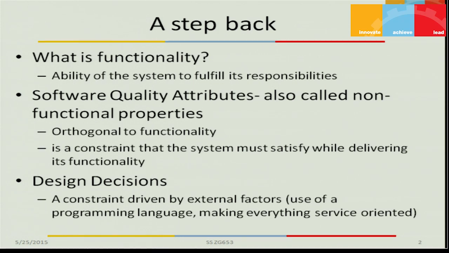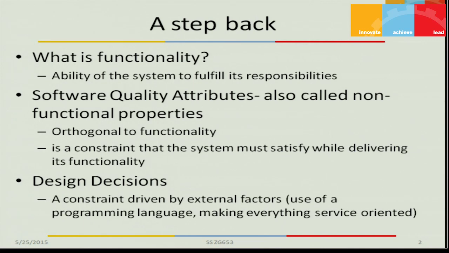Then the third element is the design decisions. It's basically a constraint driven by external factors. For example, in an organization, there could be a design decision that's already taken, that a programming language of choice should be something, or the platform should be something, or the infrastructure should be from a particular vendor, or network topology should be like this, or every single reusable component should be service oriented.